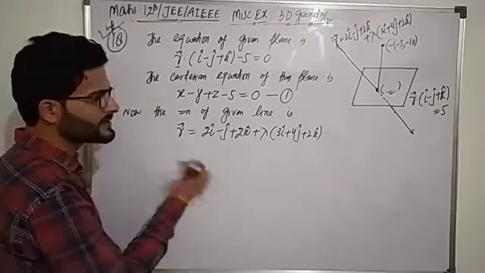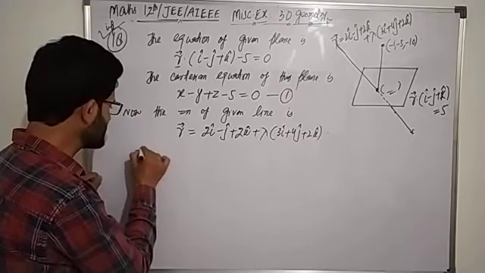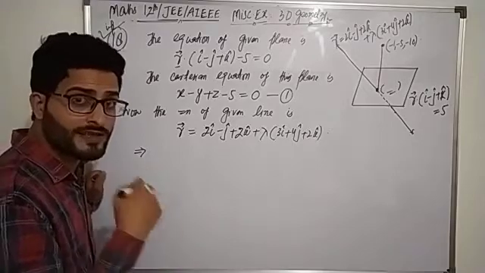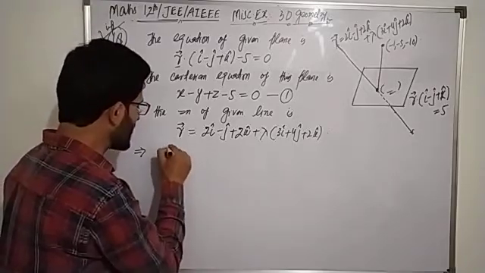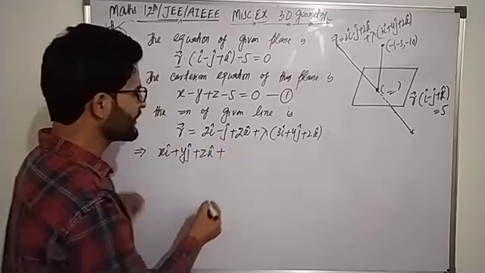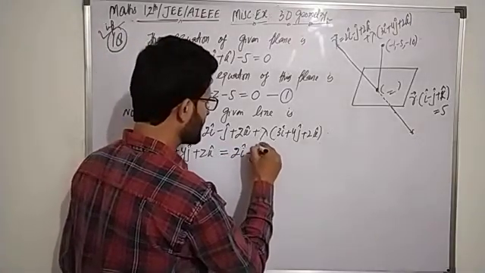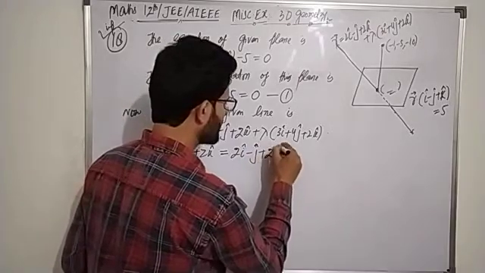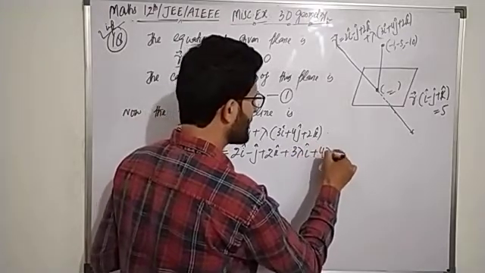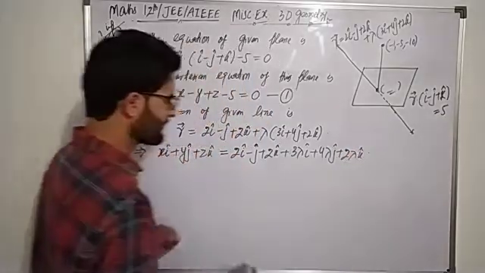तो वेक्टर इक्वेशन को कार्टेशियन इक्वेशन में ट्रांसफॉर्म कैसे करेंगे? डायरेक्टली you have to put the value of this r vector. r vector is the position vector of xyz, that is position vector of point having its coordinates as xyz. So r vector must be equal to xi plus yj plus zk, and that's equal to 2i minus j plus 2k plus lambda से मल्टीपल कर दो, that is 3 lambda i plus 4 lambda j plus 2 lambda k, right?